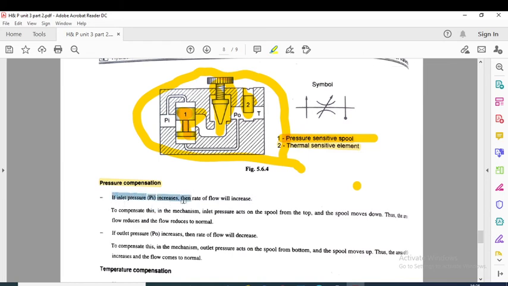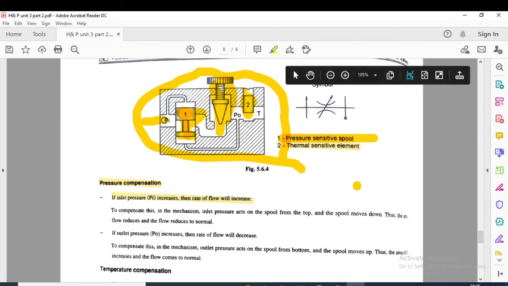If the inlet pressure P1 increases, then the rate of flow will increase. What will happen if the inlet pressure P1 increases? If this spool is not present here, then this high pressure can move into the system, and the system can explode or suffer from the high pressure.